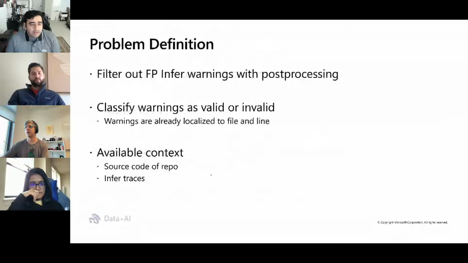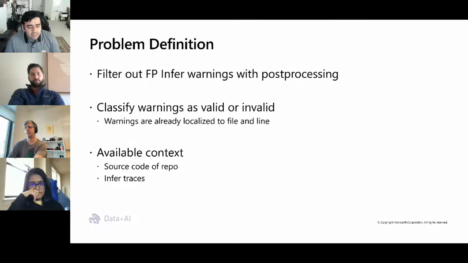So we set out to try and solve this problem of static analyzer false positives by creating a machine learning based post filter that would classify Infer warnings as either valid or invalid after an analysis is already run on a particular software project.